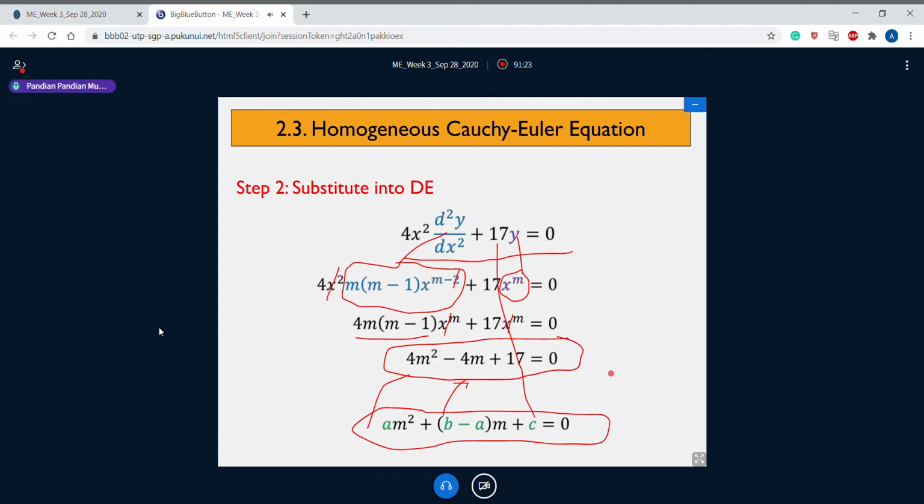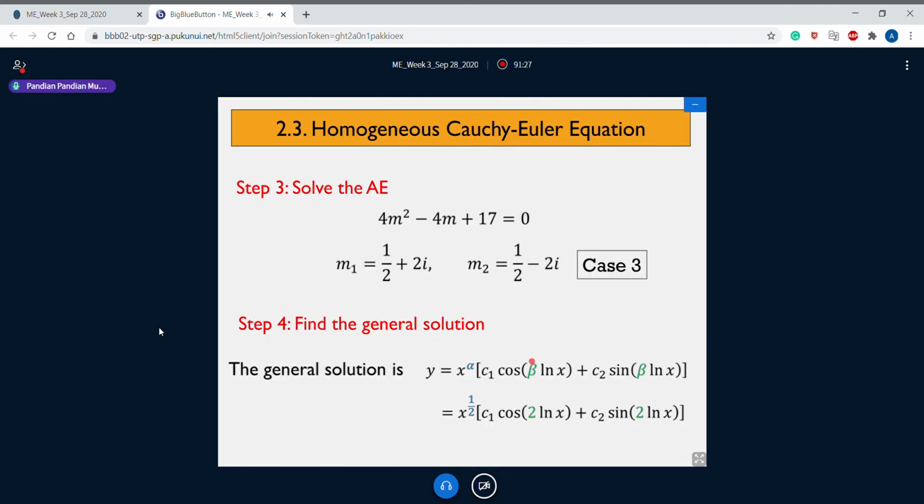End of the day, you have this auxiliary equation, then you move on to factorization. This one is very lengthy, but I can tell you. A is 4, B is minus 4, C is 17. You are solving a quadratic equation, yeah? In this case, it's very hard for you to factorize.